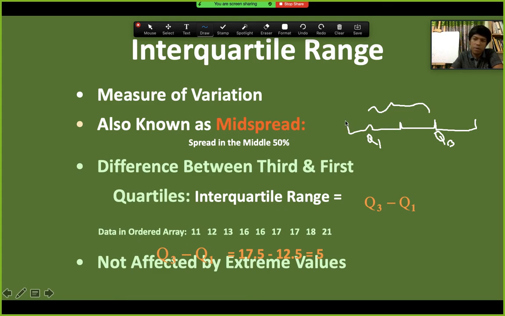That's why it is also a good measure. It is the difference between the third and first quartile, and it is not affected by the extreme values, as you can see in our data distribution. So 17.5 minus 12.5, which is 5. This is the interquartile range, simply quartile 3 minus quartile 1.